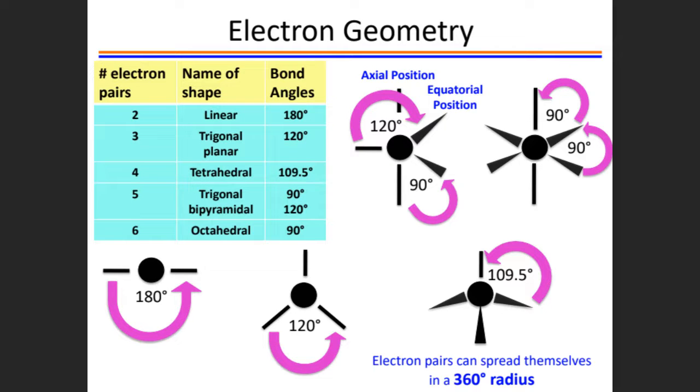When you learn how to write the structure of organic compounds, you will see this type of bond, A for axial and E for equatorial.